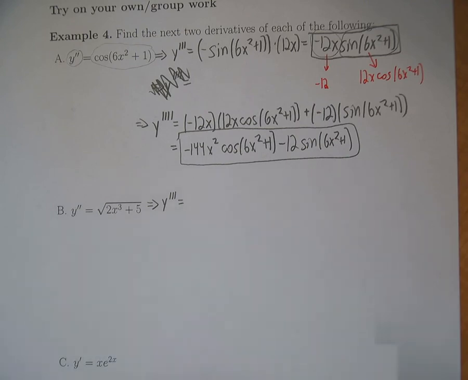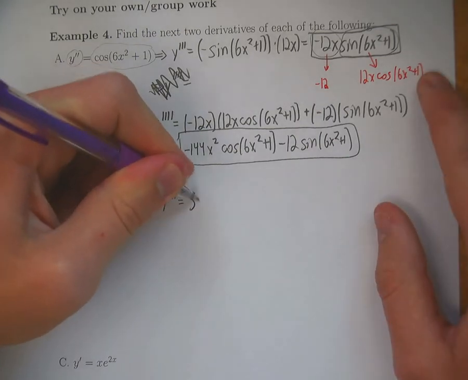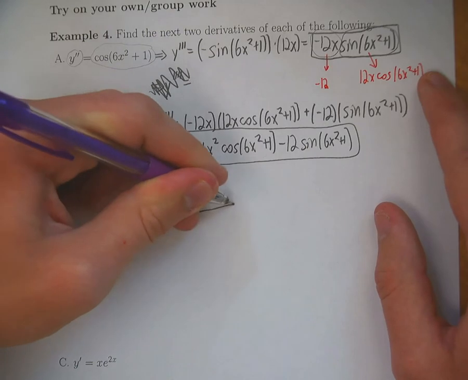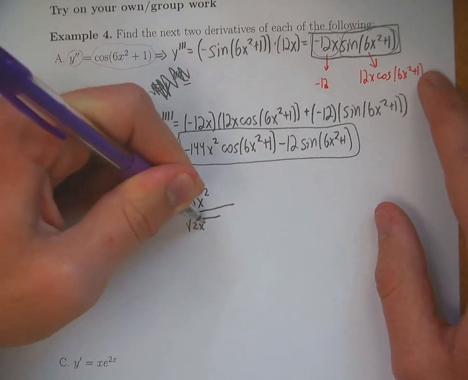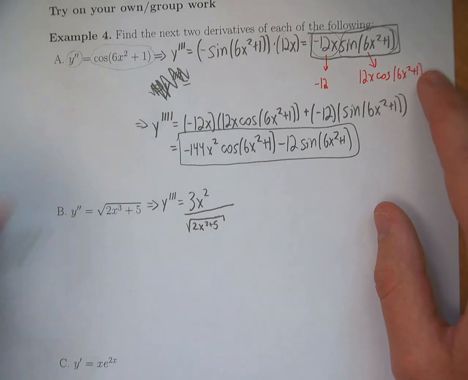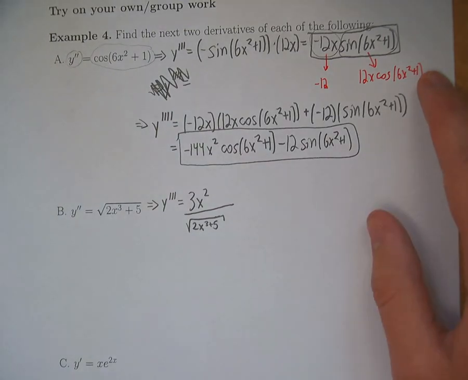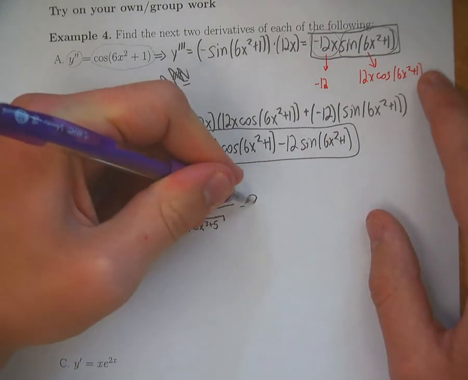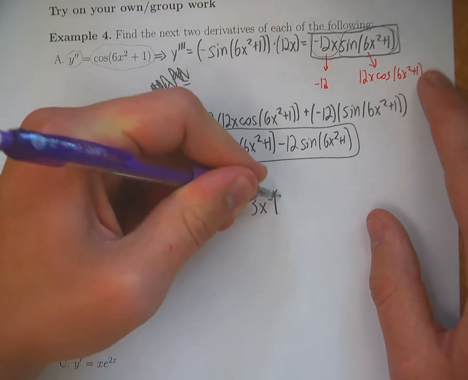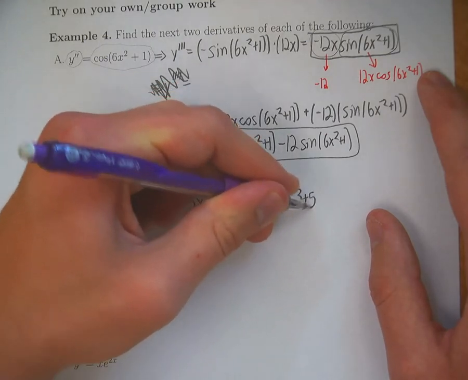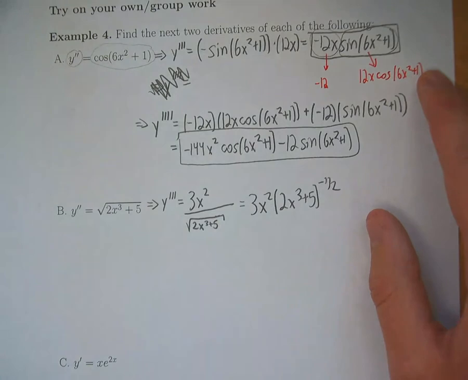I got 3x squared over root 2x cubed plus 5. Yep. Okay, so that works. Or if you want, you can alternatively express this as 3x squared times 2x cubed plus 5 to the negative 1/2 if you prefer that.